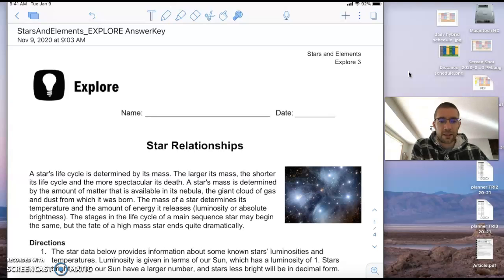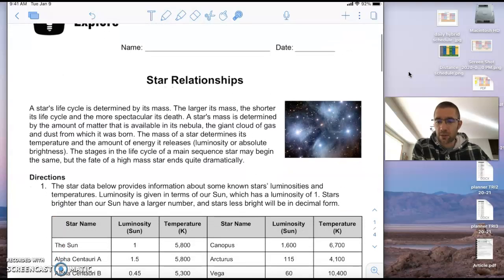The first thing that I just wanted to discuss were some of these key words. One of them being nebula. Okay, so a nebula is this object in space made up of gas, particularly hydrogen and helium, as we discussed before. Those two elements are the building blocks of stars. And then there's also dust in this nebula.